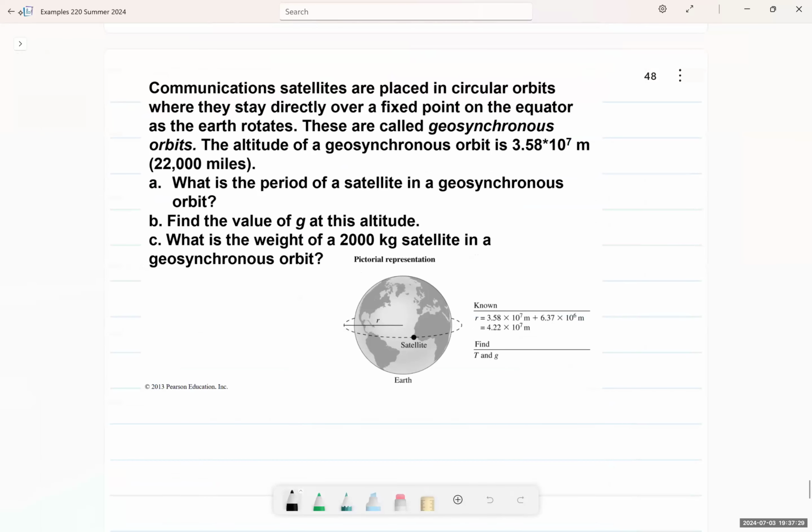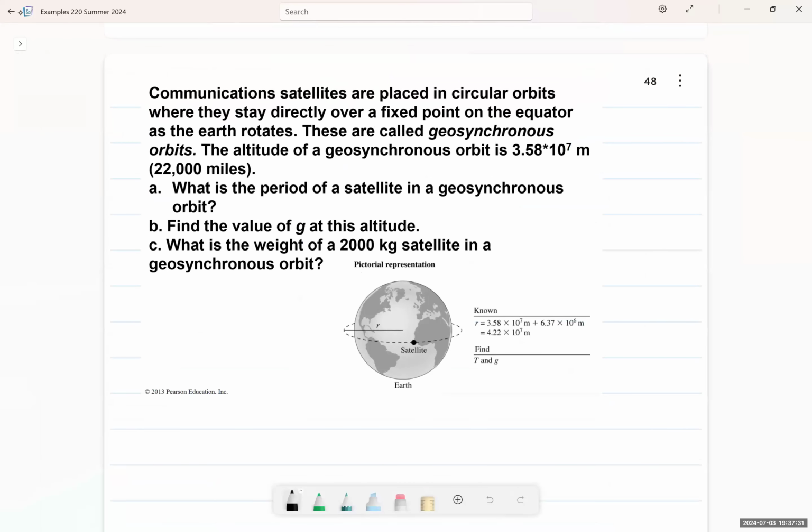All right, so let's look at here. Communication satellites are placed in circular orbits where they stay directly over a fixed point on the equator as the Earth rotates. These are called geosynchronous. Remember, geo is named for Earth, synchronous means synchronized with Earth. So they're called geosynchronous orbits. The altitude of a geosynchronous orbit is 3.58 times 10 to the 7 meters, which is roughly 22,000 miles.